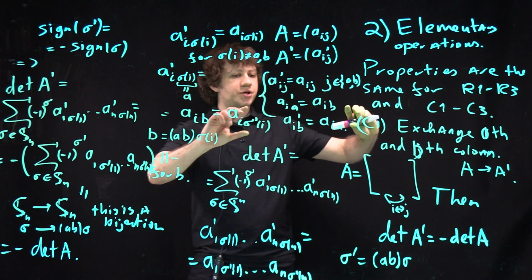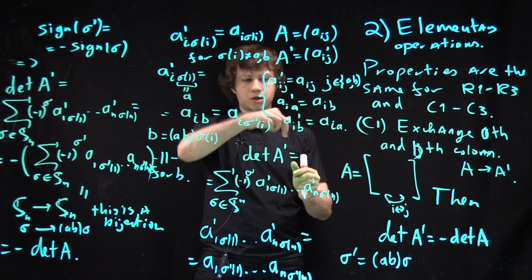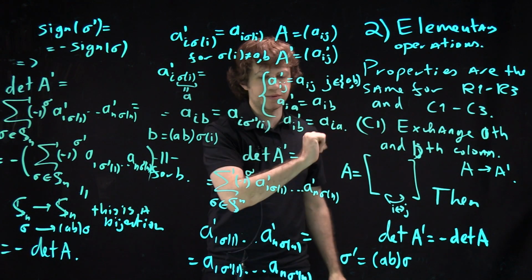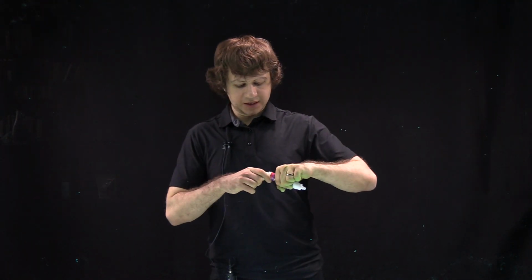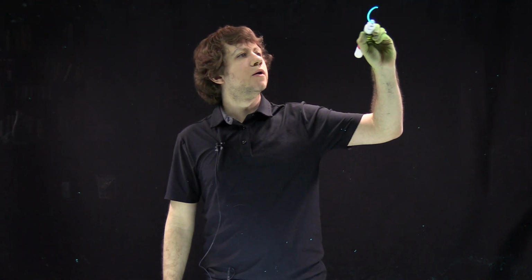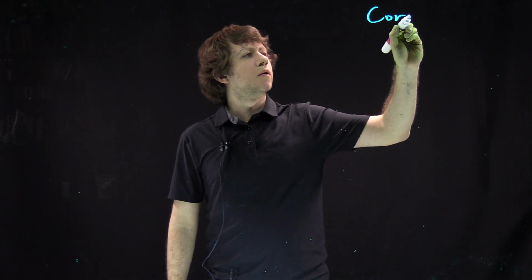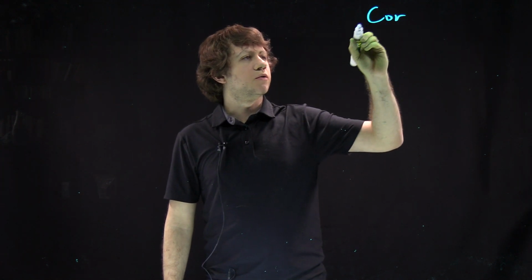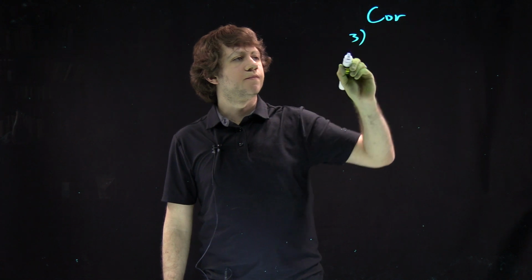So when you change two columns, then the sign of the determinant flips. Okay, so this statement has two corollaries. So this was property 2, so corollary, so let me call this just property 3.